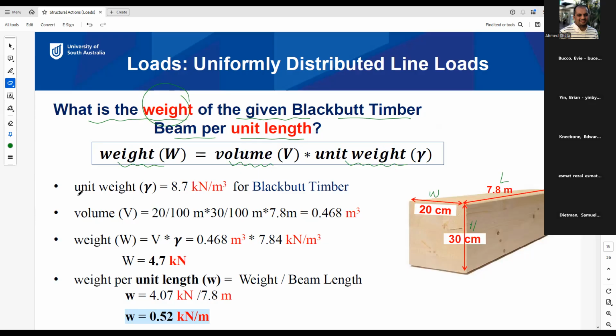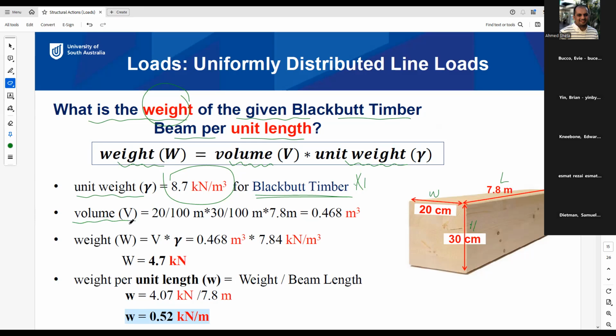So here we need to find what is the unit weight of the material we have. We have black butt timber. If you go to table A1 of the Australian Standard 1170.1, you will find that the unit weight of this material is 8.7 kilonewton per cubic meter.